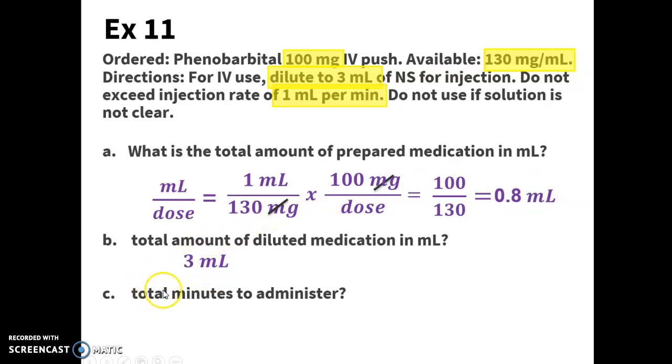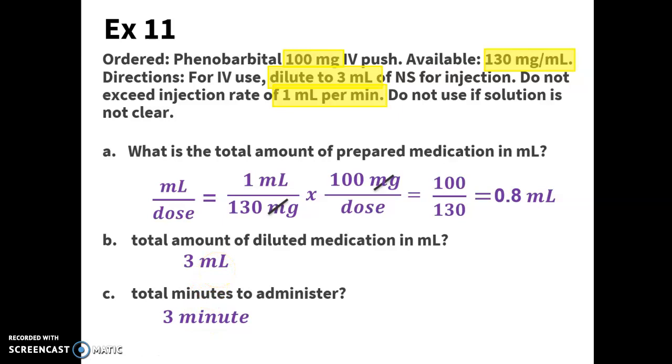So when I'm talking about how many minutes to administer, it's based on that 3 milliliters in the syringe, because that 0.8 is now all mixed in with all that normal saline, so we can't divvy it out again. It's going to be 3 milliliters that we have to give. And we give 1 milliliter per minute, so it should take us 3 minutes to give all 3 milliliters.